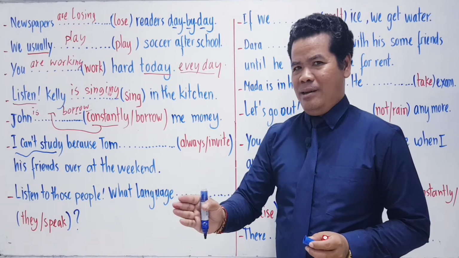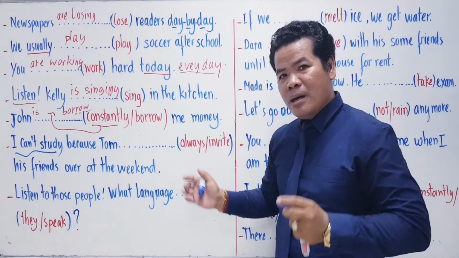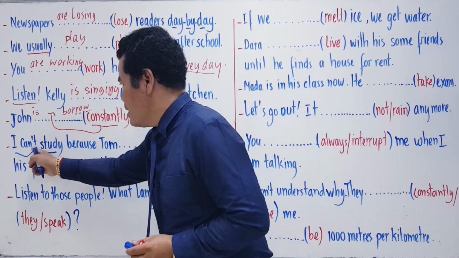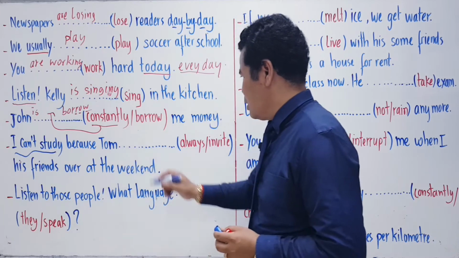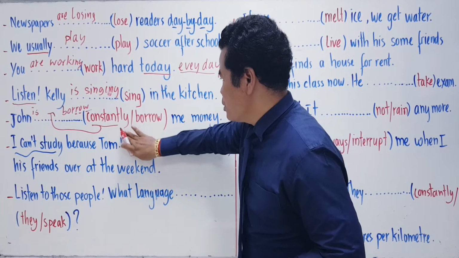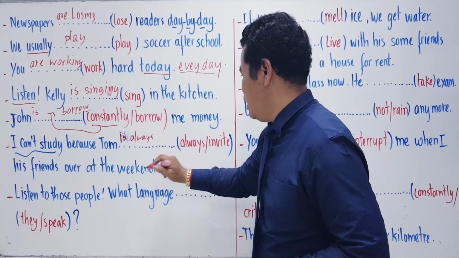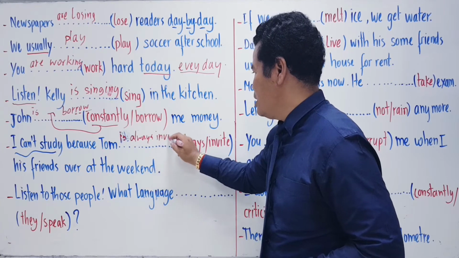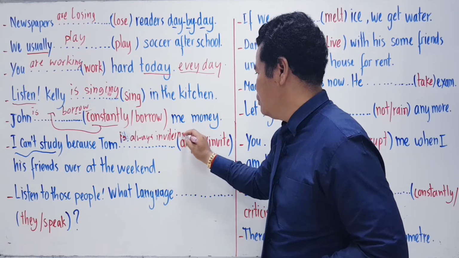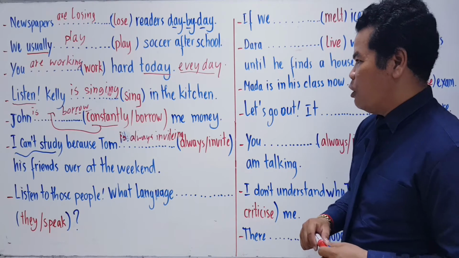You don't like it. So, present continuous. We have: I can't study because Tom is always inviting his friend over for the weekend.